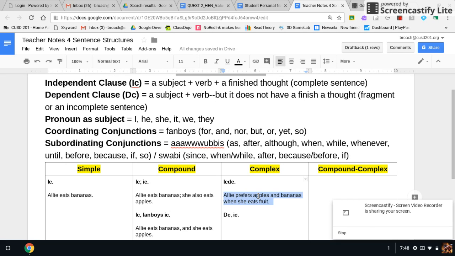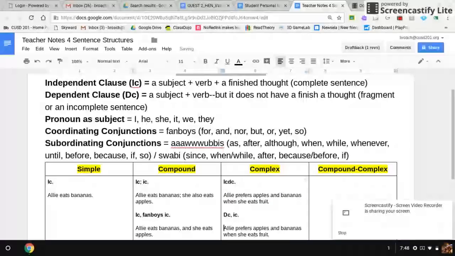So now I'm going to take this IC-DC pattern and change it into DC, IC. So here is the DC, IC pattern. I take that, put it in the beginning, capitalize the W. Again, switch the names around so you get the name of the person first, and then the pronoun second.